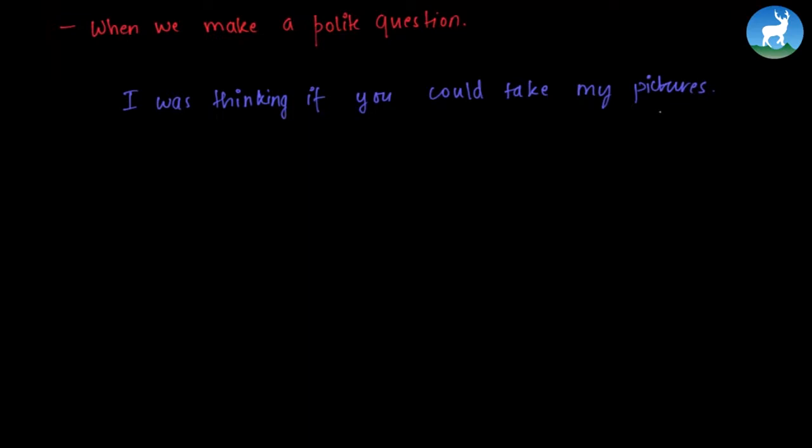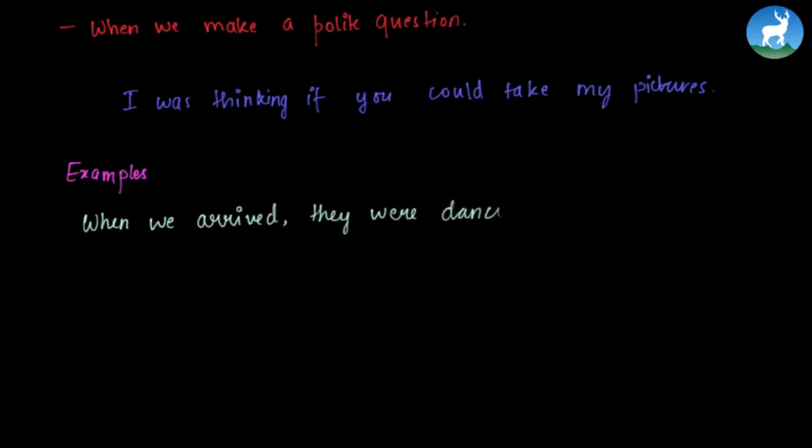You are asking the person to take your picture, but very politely. In that case, we use past continuous tense. We'll see some more examples of continuous tense. When we arrived, they were dancing in the hall.